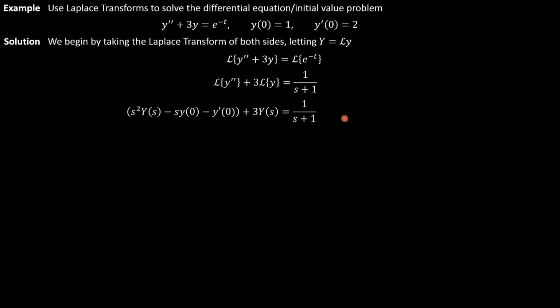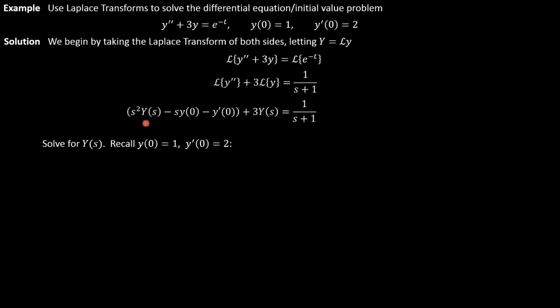So, what do we make of this? Well, first of all, y of 0 is 1. Y prime of 0 is 2. What else do we know? Well, we can solve for capital Y. This is an algebraic equation of capital Y. If you don't believe me, just ask yourself, do you see any derivatives of capital Y anywhere here?